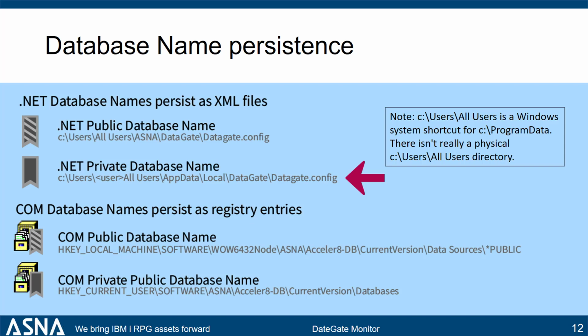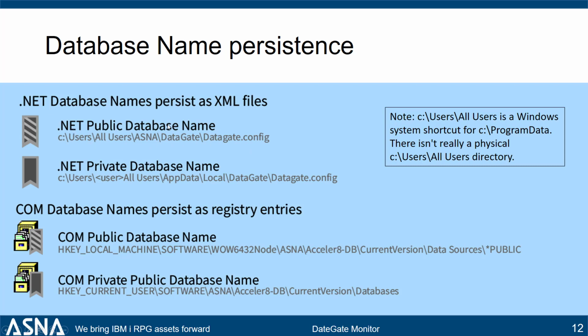And then COM database names are shown as the little file cabinet with the striped chevron, or private COM databases are the solid gray chevron with the file cabinet. The DataGate Monitor can show you COM database names, but it does not let you work with them or edit them or change them, but it does show them to you. Notice that the gray text shows where these database names are persisted.